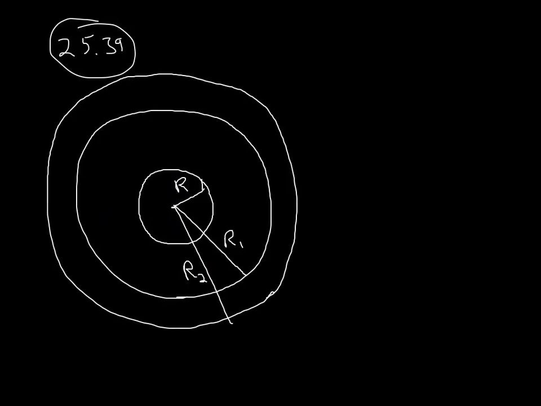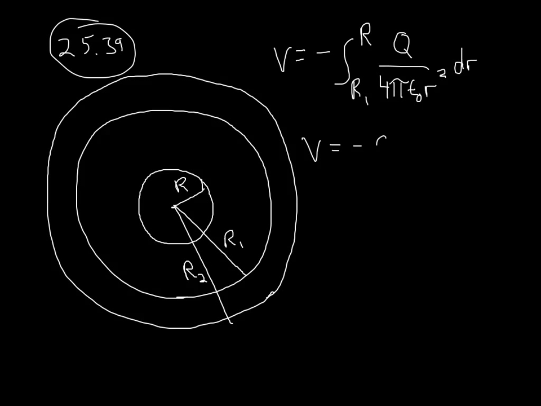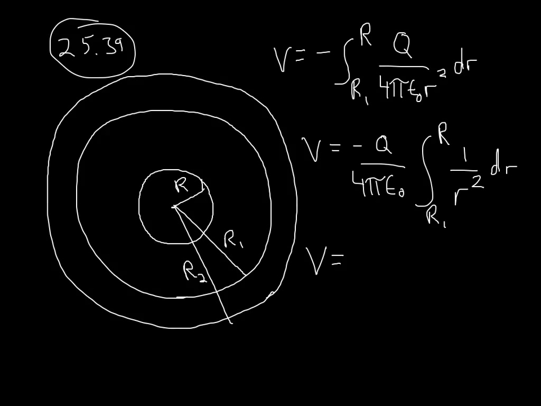I'm going to have that V is equal to the negative integral from r1 to R of my E, which was q over 4 pi epsilon naught r squared, which we found from Gauss's law, times dr. I pull out all my constants, and I get negative q over 4 pi epsilon naught times the integral from r1 to R of 1 over r squared dr. I do this integral, and the integral of 1 over r squared is negative 1 over r.